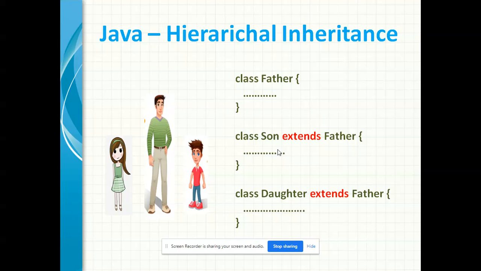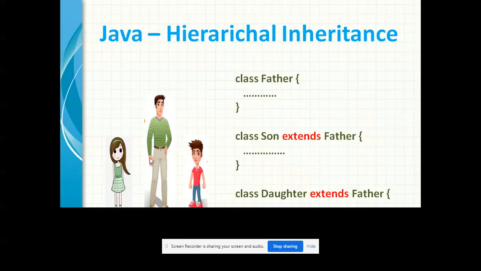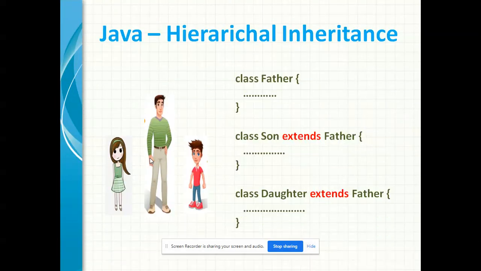Hierarchical inheritance is nothing but one superclass but multiple subclasses. Then I will say it is hierarchical inheritance. For example, you can take a father who may have a son as well as a daughter, right? A father may have a son as well as a daughter.